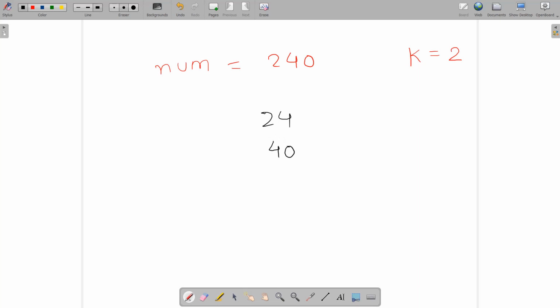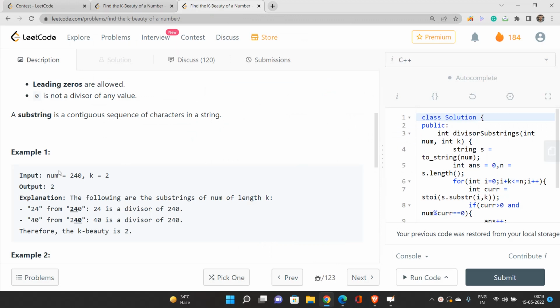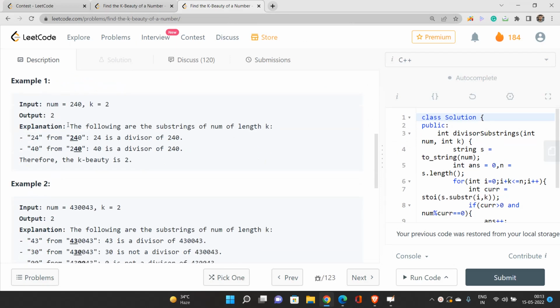Now we need to check whether 24 is a divisor of 240 or not, and also whether 40 is a divisor of 240 or not. You can easily see that 24 is a divisor of 240 as well as 40 is a divisor of 240. So the answer is 2, because we need to return the count of those substrings.